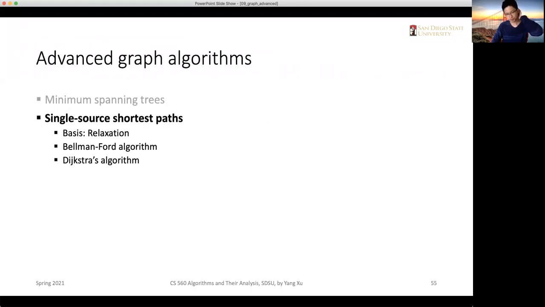And we will start with the relaxation procedure, a basic operation of finding shortest paths. And then we will introduce two algorithms, Bellman-Ford and Dijkstra's algorithm. I will leave this content to the lecture on Thursday.